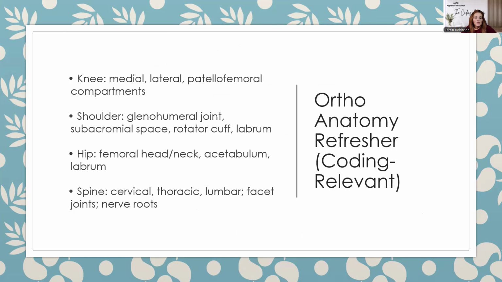The hip: the femoral head or neck, acetabulum, and the labrum. The spine: cervical, thoracic, lumbar, facet joints, and nerve roots. Coders must visualize anatomy to understand what the surgeon actually did. For example, knee arthroscopy codes depend on which compartment was treated.